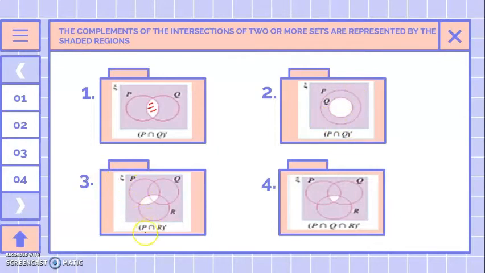And the third one, for Q intersect R, apostrophe, is the region that is not within this region. And lastly, you have P intersect Q intersect R, apostrophe. So the complement for this intersection is here, the region that is not in the intersection part.